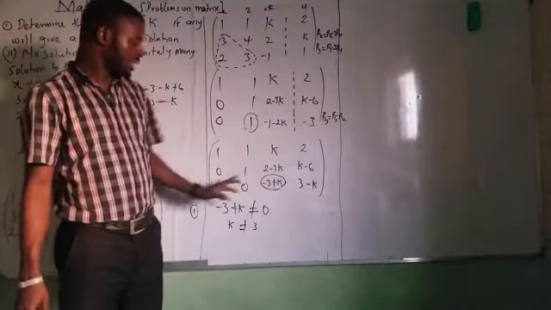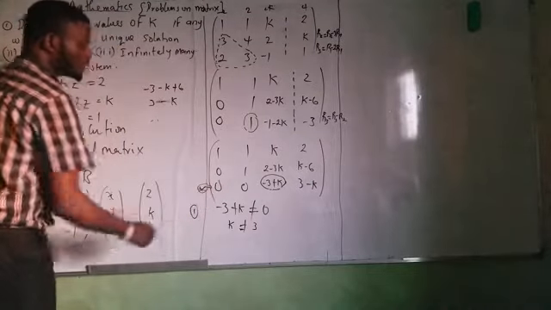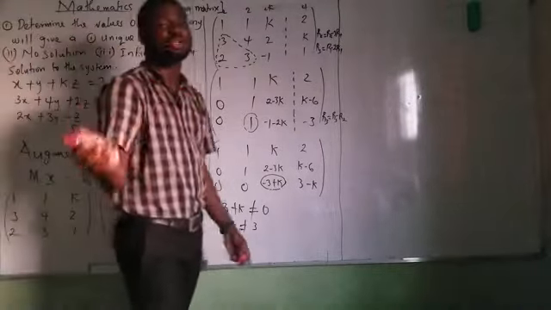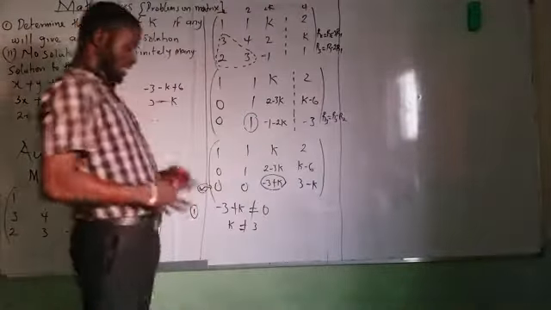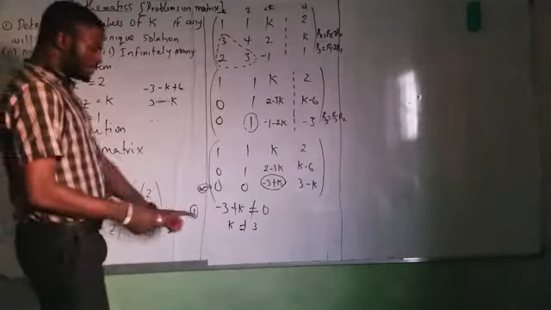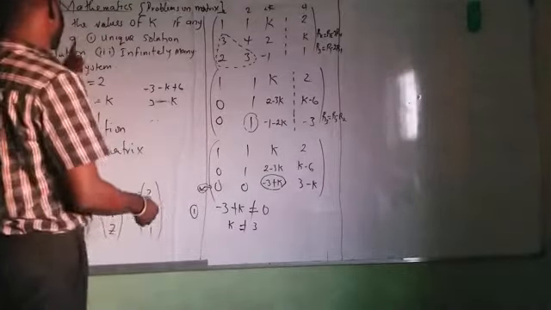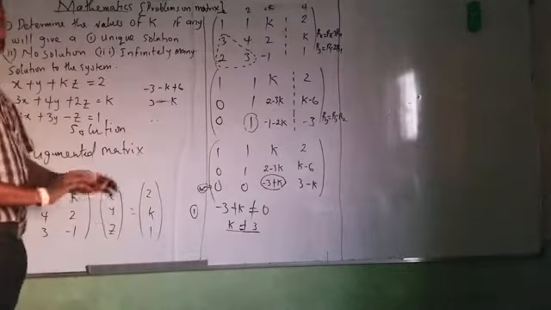If k equals 3, you know that it will make this row 0, 0, 0. And you know the implication of linear combination, linearly dependent and linearly independent. You know all those things earlier. So for us to have a unique solution, k must not be equal to 3. Take note of that.